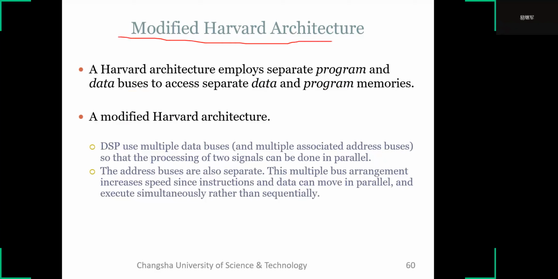Modified hardware architecture employs separate program and data buses to access separate data and program memory. And the modified hardware architecture of DSP has multi-pair data buses and multi-pair associated address buses so that the processing of two signals can be done in parallel.